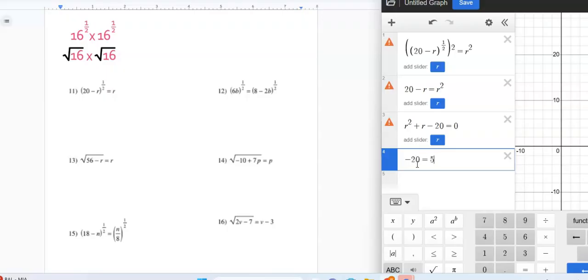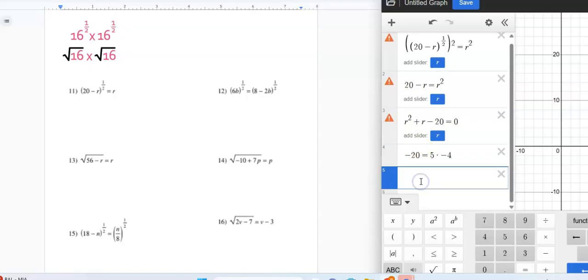That would be 5 and negative 4. Those multiplied become negative 20, but they also add up to 1. And so now, the short-term version is, okay, now I got r plus 5 times r minus 4 equals 0.